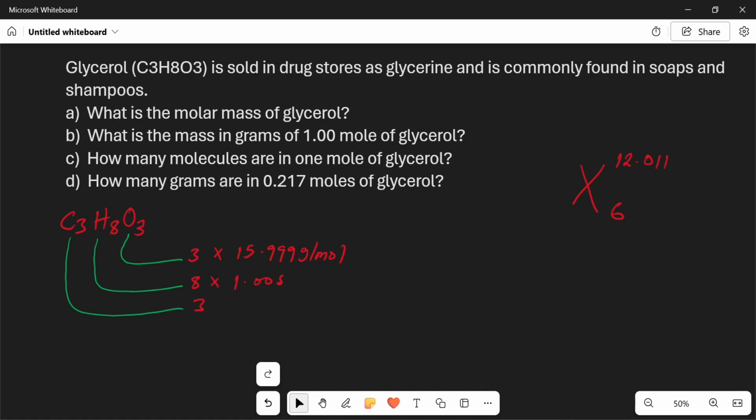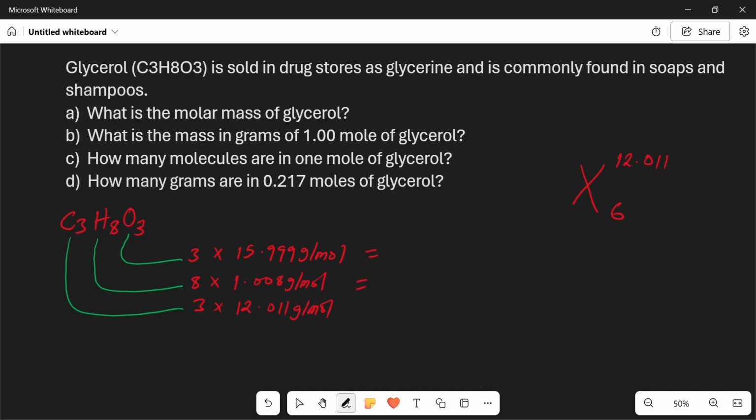Let me just rewrite that properly. Yes, 1.008, also in units of grams per mole. And then for carbon, we have 12.011 grams per mole, the molar mass for 1 atom of carbon.